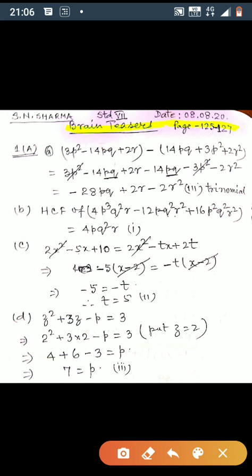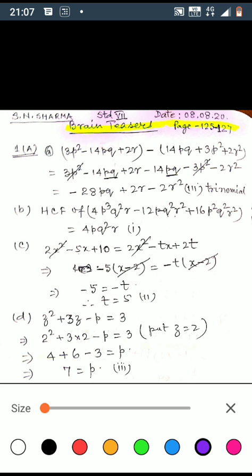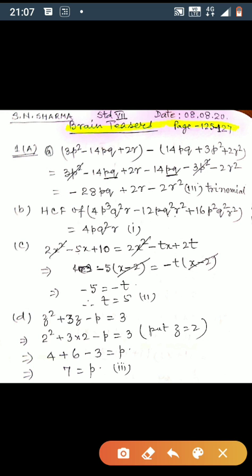(3p² − 14pq + 2r) − (14pq + 3p² + 2r²). Now simplify it.